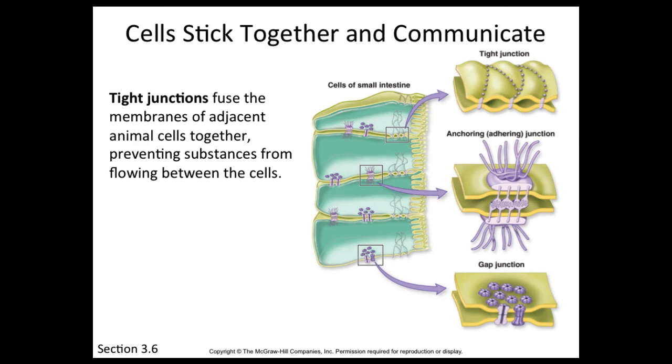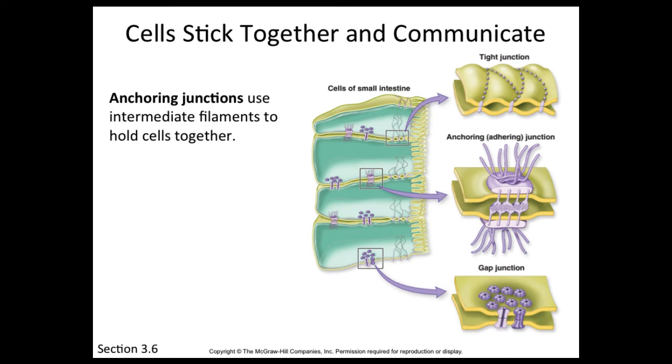Tight junctions fuse the membranes of adjacent animal cells together, preventing substances from flowing between those cells. So the tight junction ties them very close together and allows for molecules to not move very efficiently.